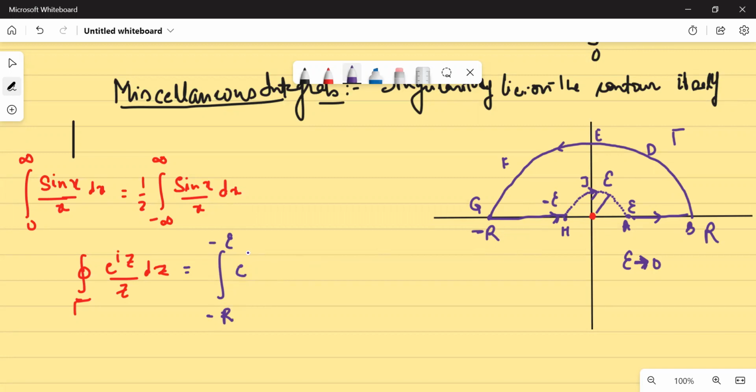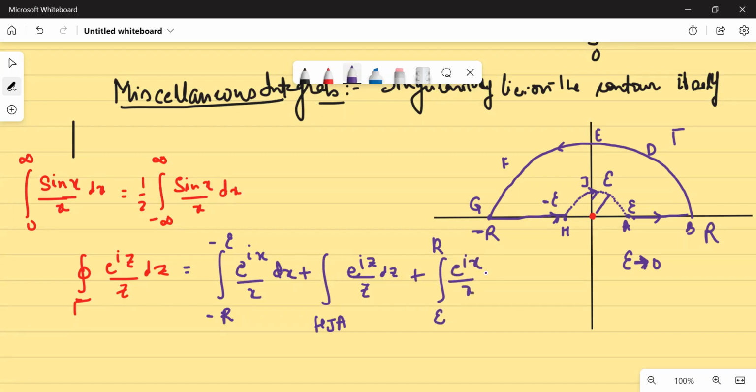I'll write it. So on this, if I write e to the power iota z, or even if I write e to the power iota x, they are one and the same thing. Then integration over the semicircle, which is e to the power iota z upon z dz. Then you have epsilon to r, e to the power iota x upon x dx.